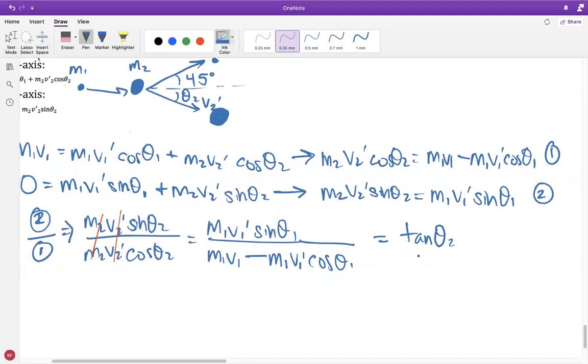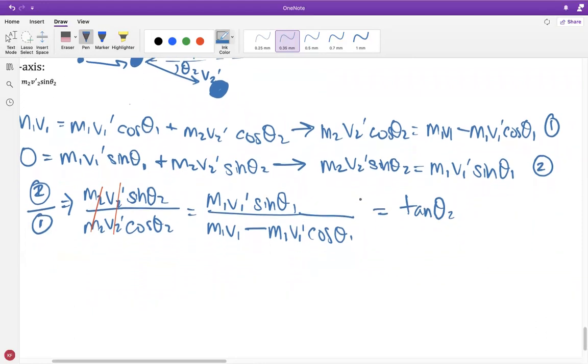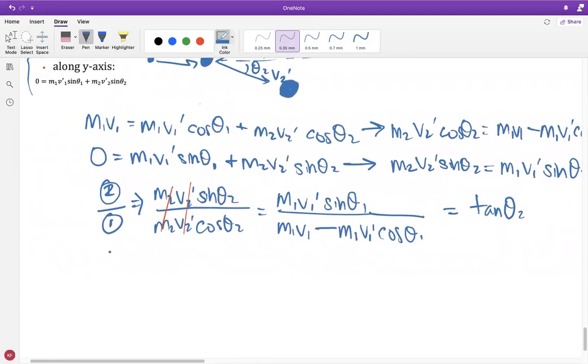So we have tangent of theta 2 equals this here. We know all of these values, so now I can take the inverse tangent of both sides and solve for theta 2.